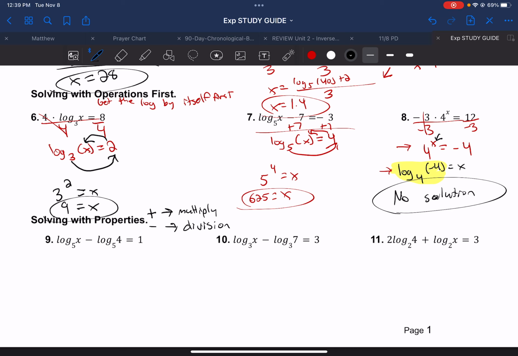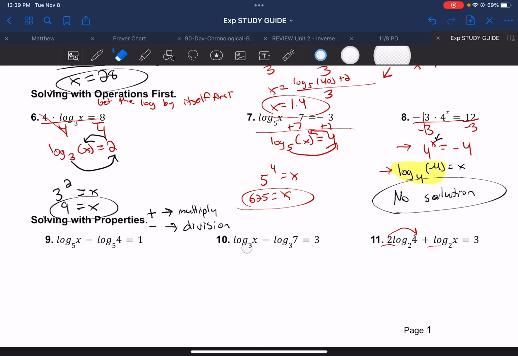And here is the important thing, step by step. Make sure that there's nothing in front of the logs here. So right here, there's nothing, nothing right here, good. Nothing right here, nothing right here, good. But in this case, on number 11, you've got to move this to the back first. So that's what you're looking for the first step: do I need to move something to the exponent? If not, I'm good to go.